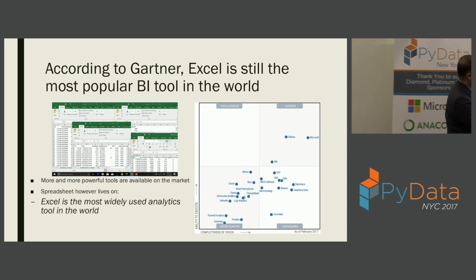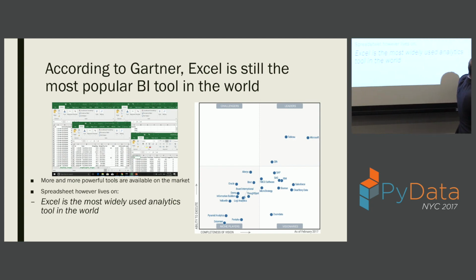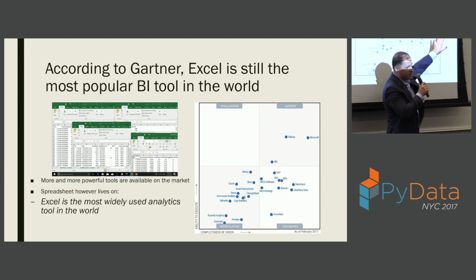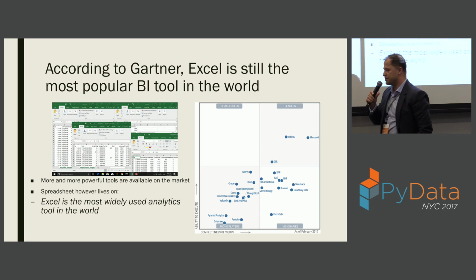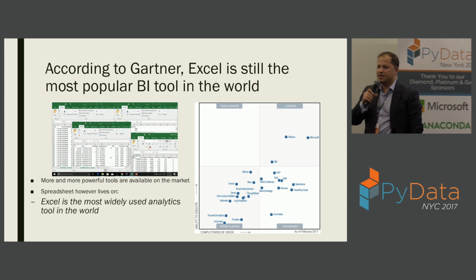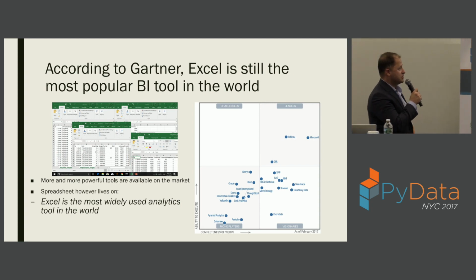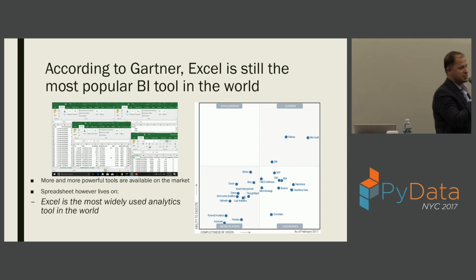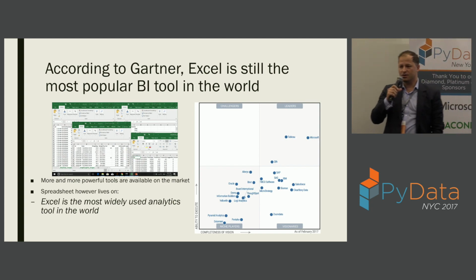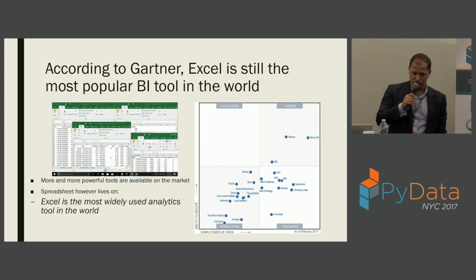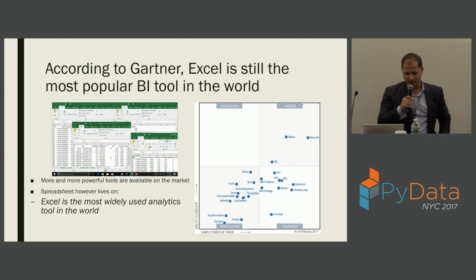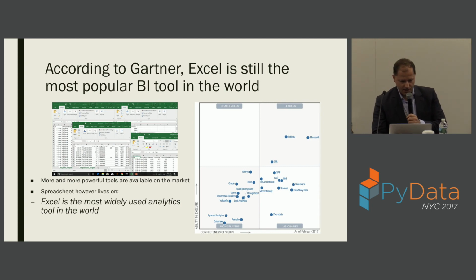If you look at their Magic Quadrant, Microsoft is actually at the very lead of all other tools. So the reality is that no matter how sophisticated your BI tool is, people will still convert it to Excel and work in Excel and then upload it back to your sophisticated tool for which you're paying a lot of money. So bottom line is that Excel is the most widely used analytical tool in the world.